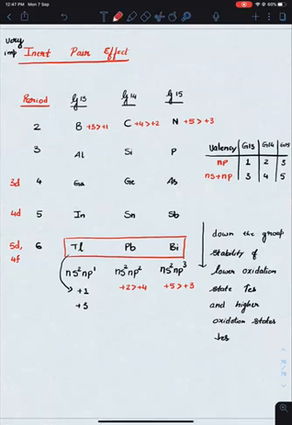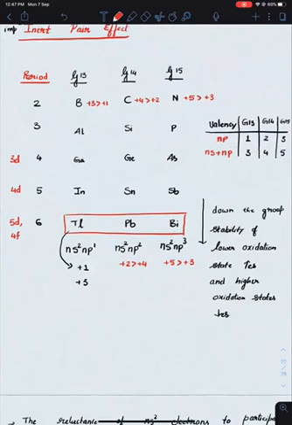Pb+2 is more stable than Pb+4. Bi+3 is more stable than Bi+5.